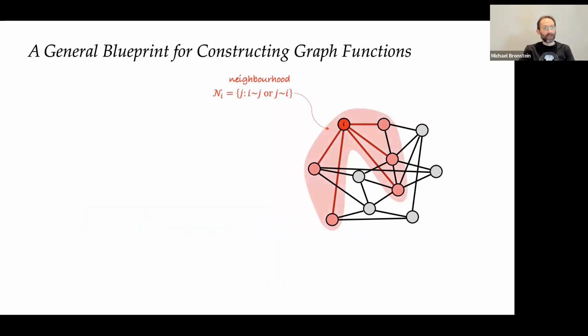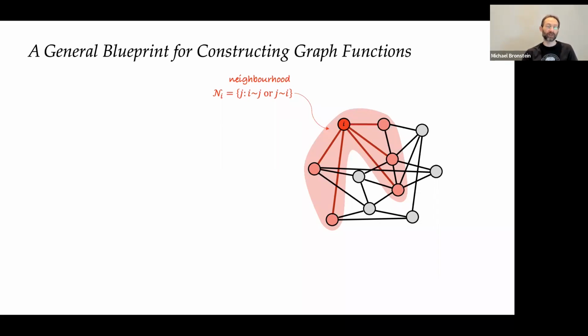Now, the core operation of graph neural networks, at least the most common type of message passing based graph neural networks, is considering a neighborhood of a node. One of the reasons why we cannot do more general things, well, first of all, we probably heard about higher order graph neural networks, but it becomes computationally intractable.